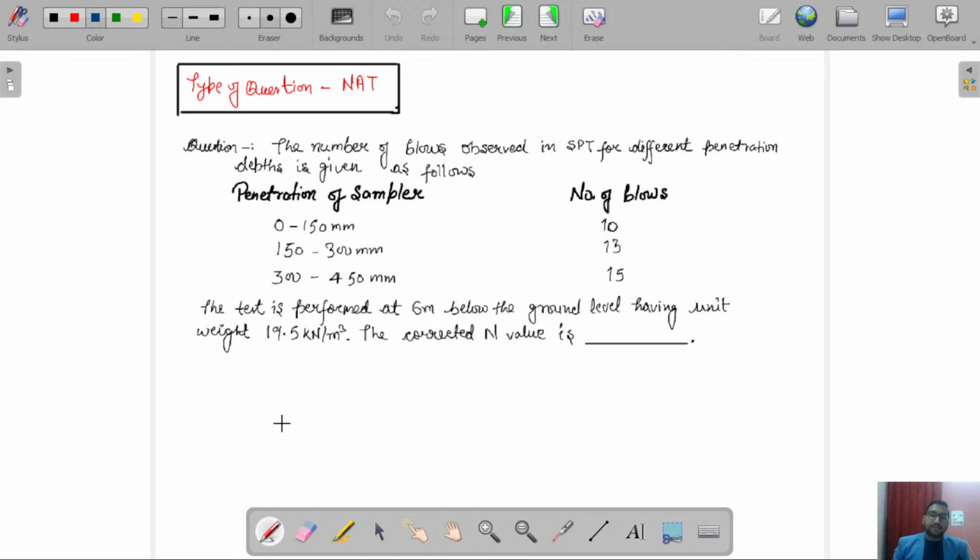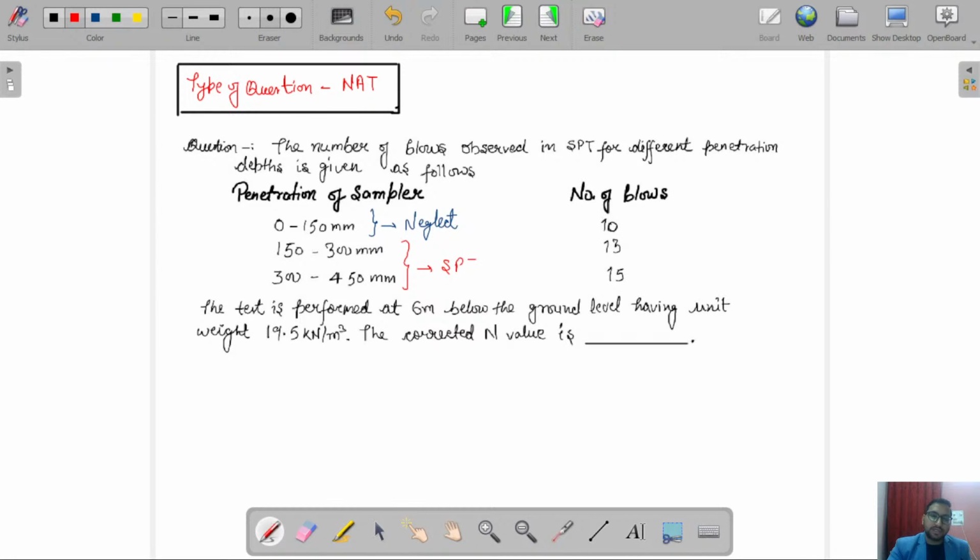What is the definition of SPT value? SPT is the number of blows required for the penetration of last 300 mm penetration. It means the number of blows for first 150 mm penetration we neglect. So the SPT value is considered as the number of blows required for last 300 mm penetration.